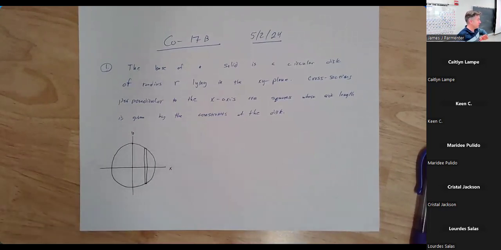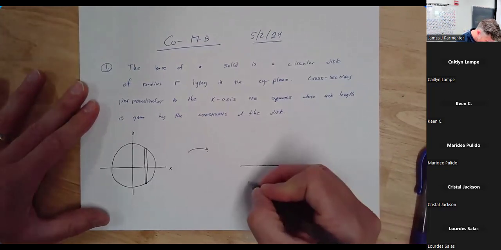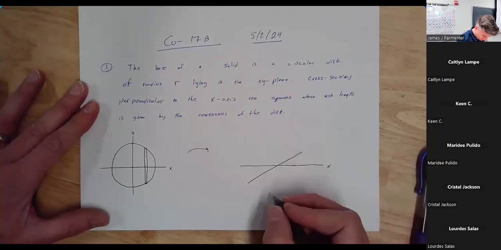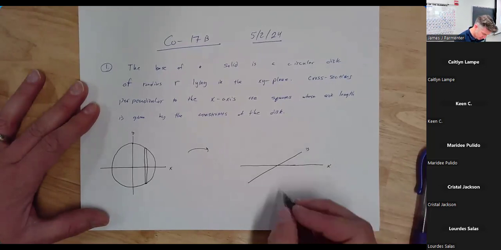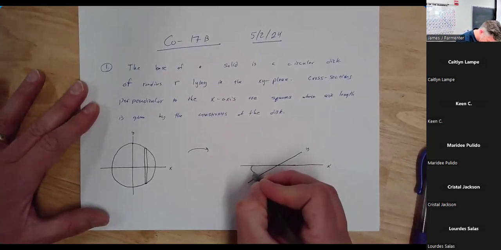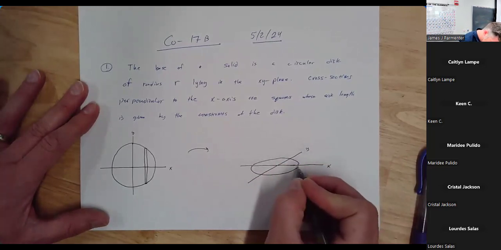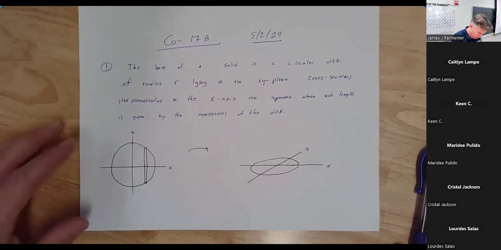So what we're going to do is tilt the XY plane to be looking like it's flat. We're going to rotate that y-axis back like that. So now here's our XY plane. And now the disk that's our base looks like this, sitting flat on the ground, and then popping up out of it into the third dimension are squares.